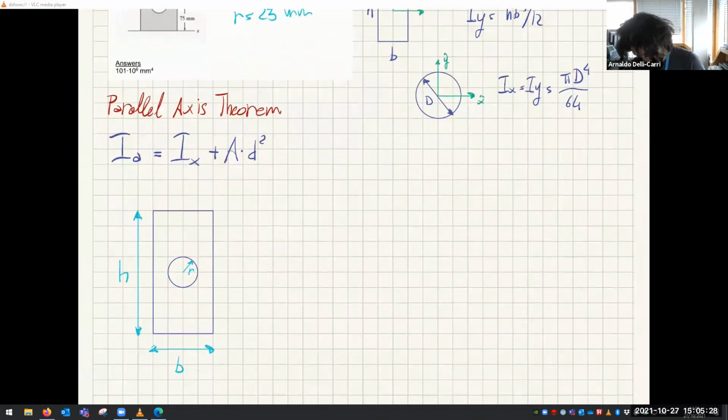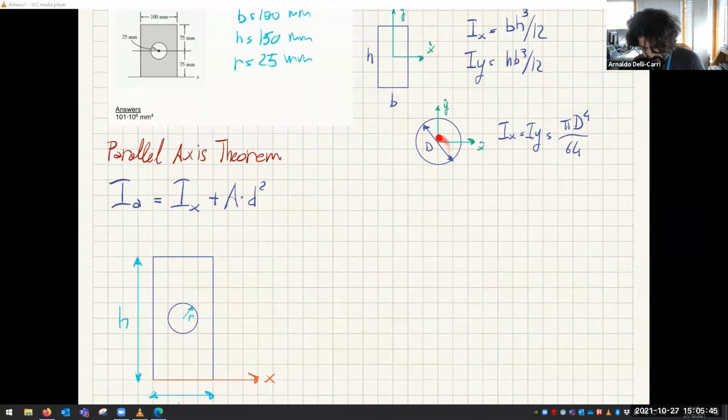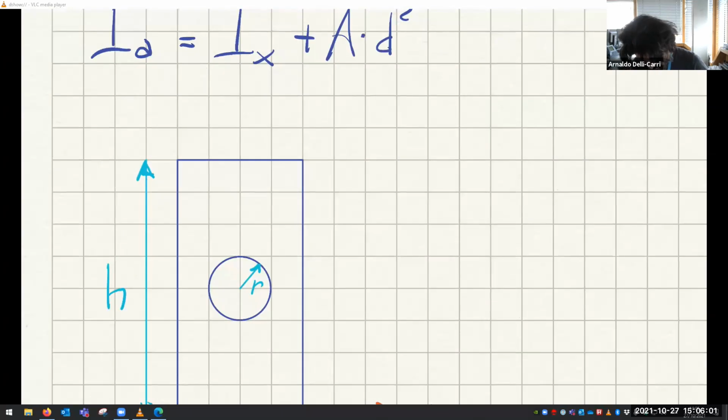We want to find the second moment of area with respect to this axis x. Do this in orange. This is our axis of interest. But we know that rectangle and circle have their centroidal second moment of area that we already know. So let's find, first of all, the centroidal second moment of area.